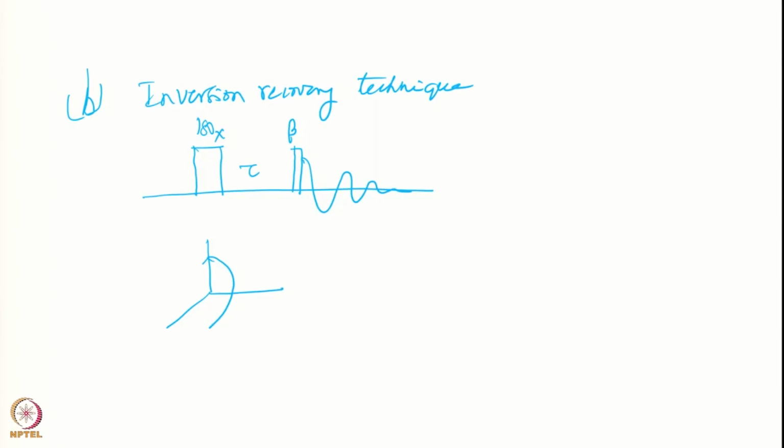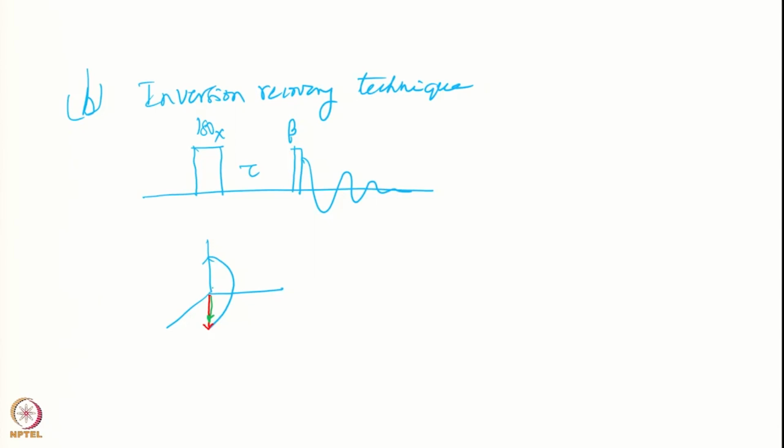So, let me draw that here. Now, this magnetization contains contributions not only from the water, but also from your other signals, from your sample as well. Let me represent them with a different color. Let us say I have another one here, 2 is enough for purposes of understanding.